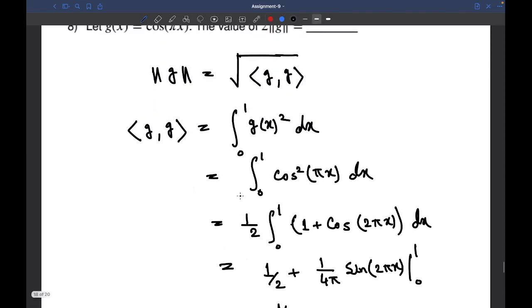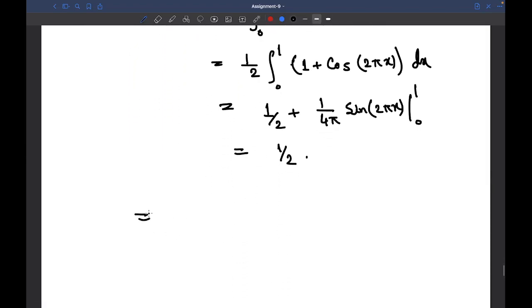So the norm g will be the square root of half, which means 1 by root 2.